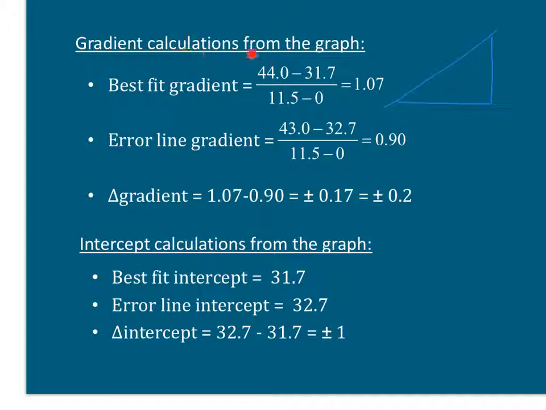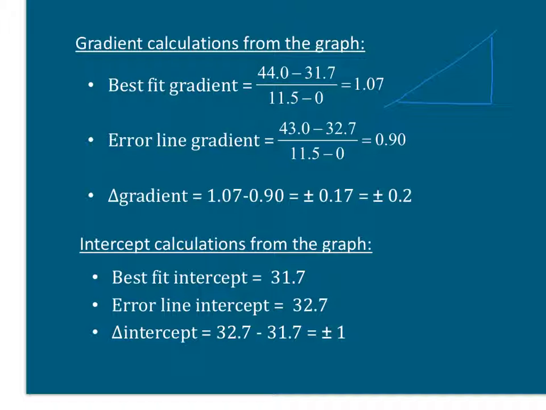Gradient calculations from the graph. I presume you all know how to calculate gradient from a line graph. If this is a line graph, then to calculate gradient, you need to draw a step like this, and it is the rise divided by the run.